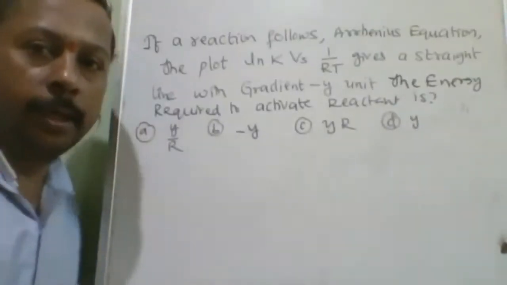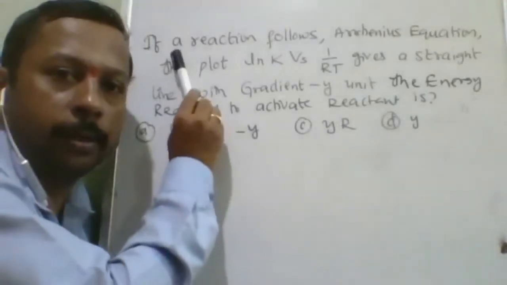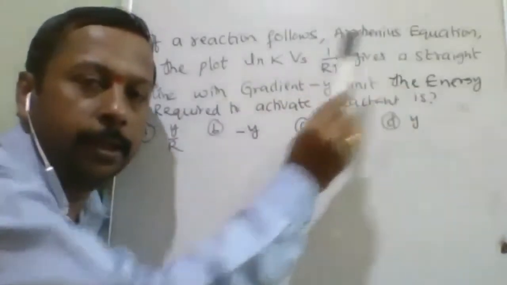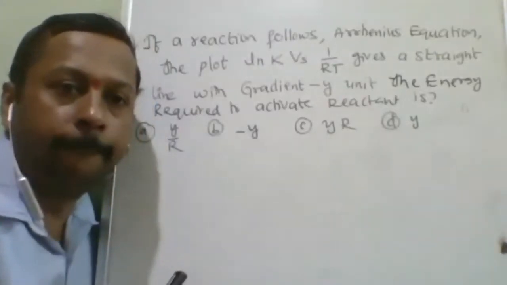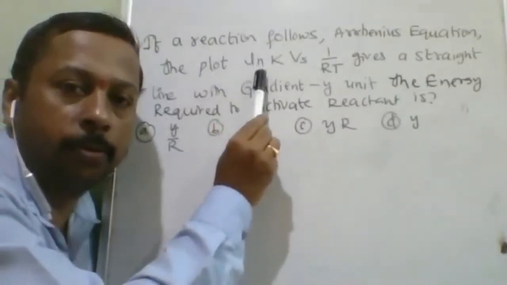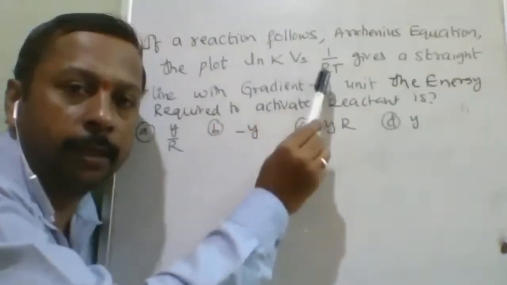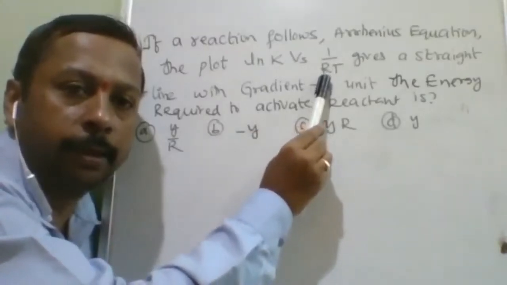Here also, again related to the graph only. The question I am reading out: if a reaction follows the Arrhenius equation, which is related to the collision theory, and a graph is drawn of ln k versus 1 upon RT. Don't forget, this is 1 upon RT.